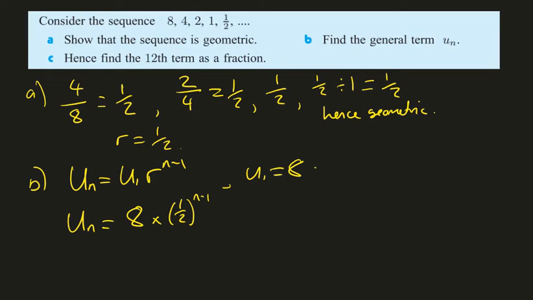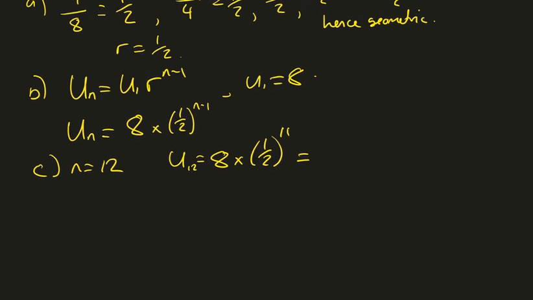Part C, hence find the 12th term as a fraction. So the 12th term is going to be when n is 12. So we'll just put those numbers in. u_12 is equal to 8 multiplied by a half to the power of 11. Now then, because I might not have a calculator with me, is there anything I can do to make this a bit easier for myself?